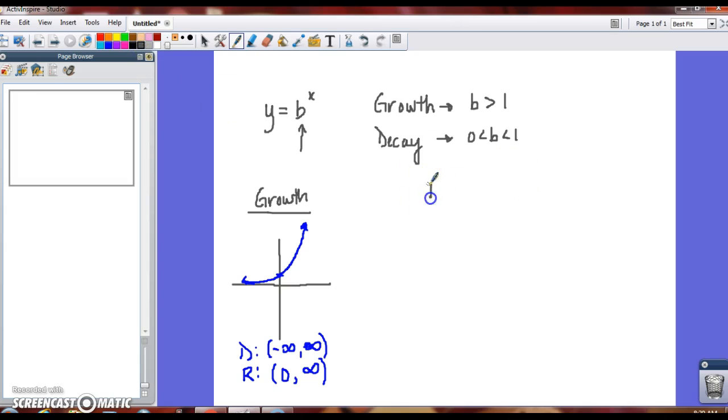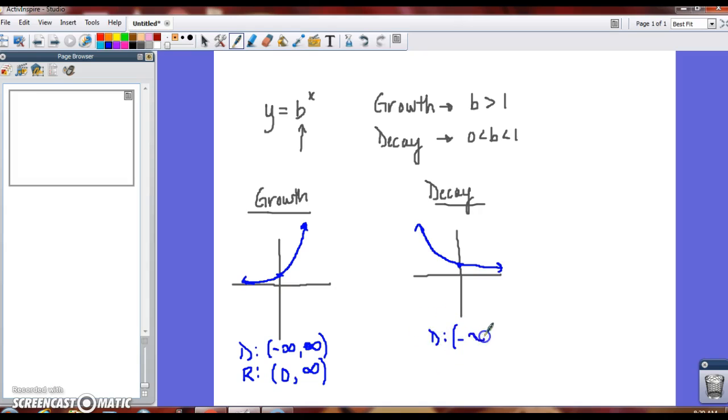The decay function is very similar. It just has a slightly different look to it. If these are my axes, when you graph the decay function, you're still going through that point (0, 1), but your graph ends up having this shape to it. Your domain and your range are the same as with the growth.